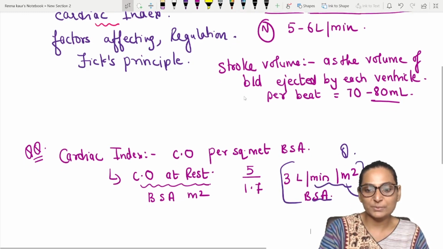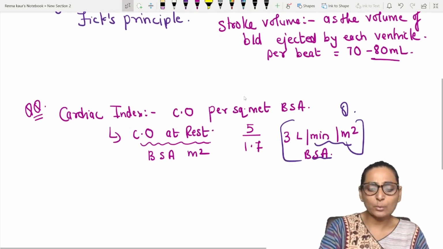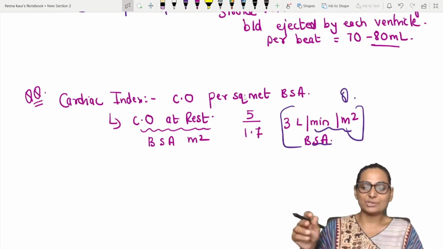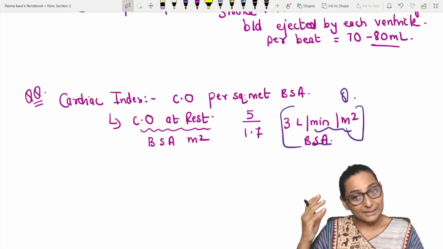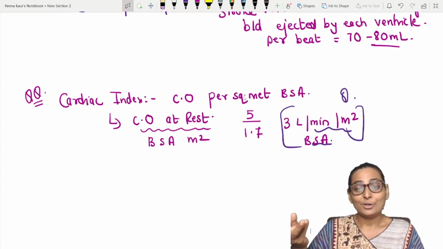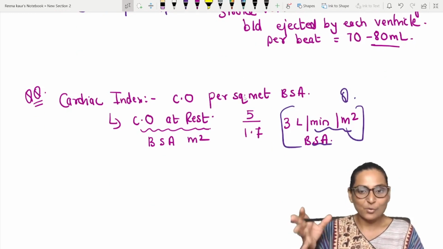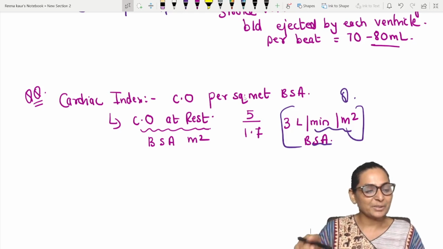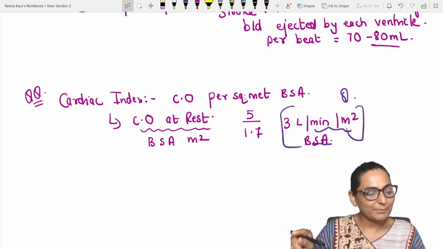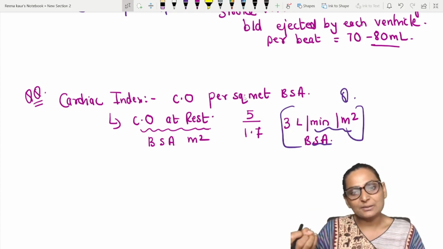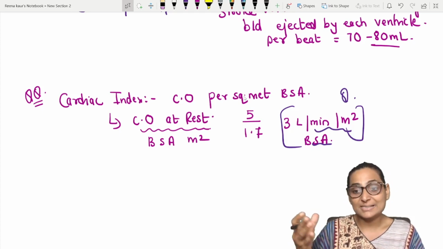There was a quiz which was conducted, and in the quiz this came as a calculation-based question, and the boy made the correct calculation, but he still lost the match because the unit which he gave was wrong. So it is liter per minute per meter square, because you are considering the body surface area. So it is standardizing your cardiac output even if the body sizes vary.